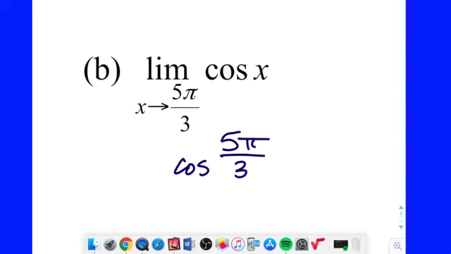All right, we're trying to find a limit, a general limit from both sides of cosine. Where is cosine continuous? All real numbers. So the limit is the same as the function value. You evaluate a function by direct substitution. So we get a cosine of 5 pi thirds.